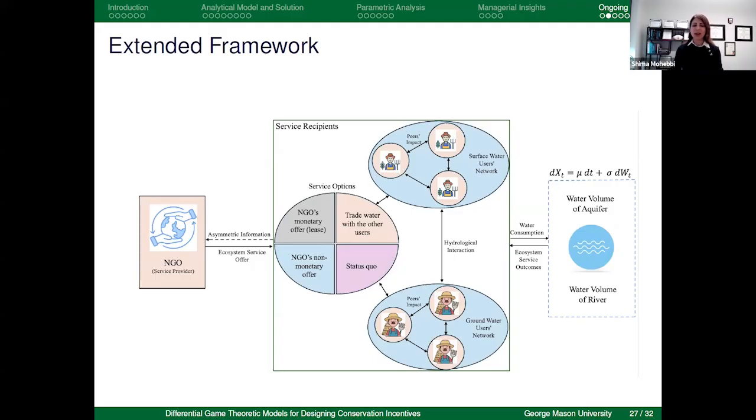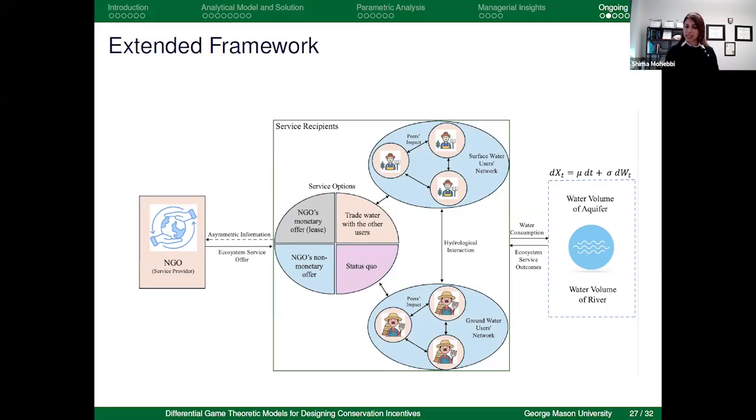Great question. While we were working on this project, our social science collaborators conducted interviews and surveys with farmers in the Red River Basin, and they found that NGOs generally lack information about users' willingness to participate, and only the water users themselves have that insight, which can influence how effectively incentives are designed.